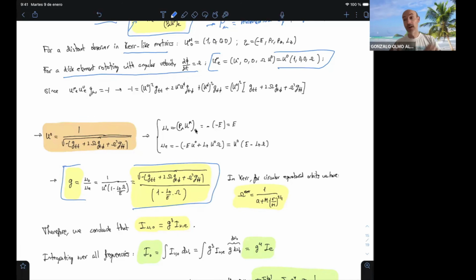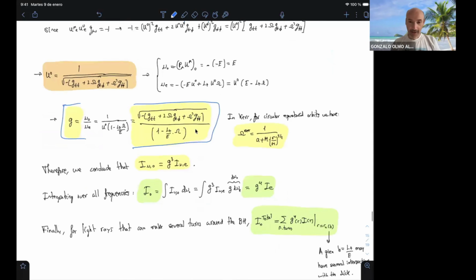Okay, so we will have to put this in our numerical code to transfer the theoretical emission profile to our detector through the specific geodesics of that spacetime. And this is the theory summarized at the speed of light.